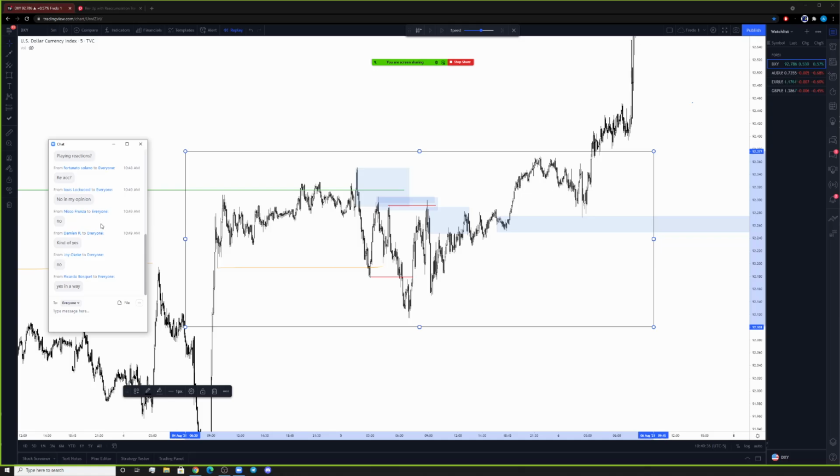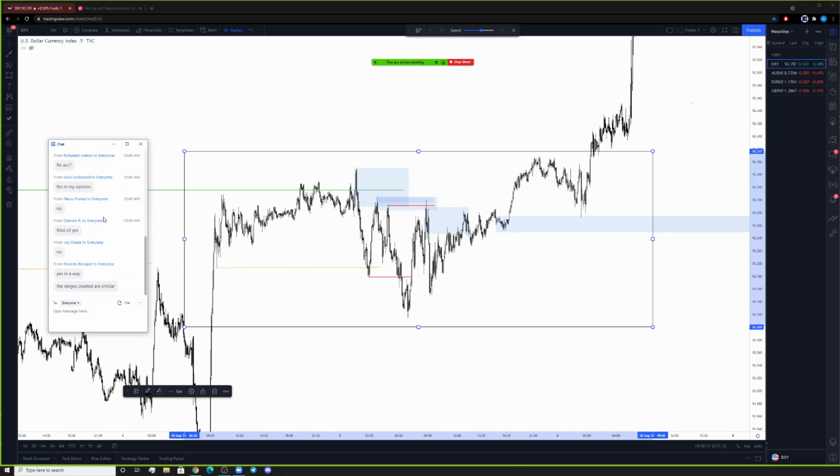Because I'm getting at a point here, and I'm gonna make a good point to you guys. Ricardo, can you please tell me what you mean by in a way? The range is created or similar.